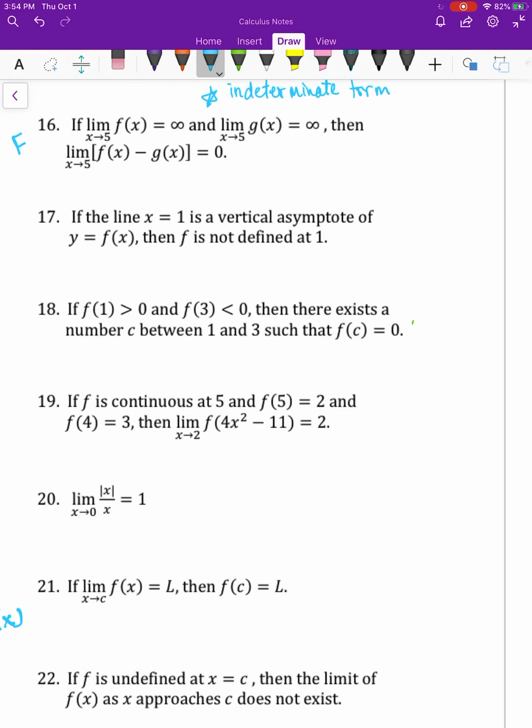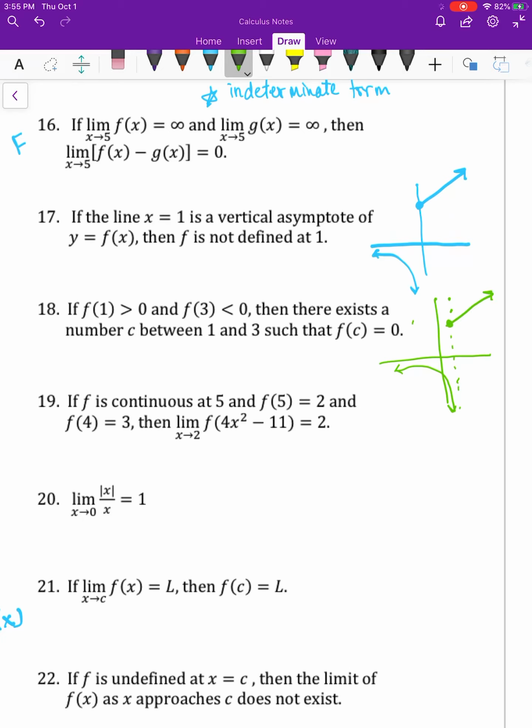Number 17, if the line x equals 1 is a vertical asymptote of y equals f of x, then f is not defined at 1. So remember what we had? We had the 1 over x with the piecewise function, and then we had a linear function. Well, this one is similar, or you could think of it as, what if you had 1 over x minus 1 and it was a piecewise function like that?